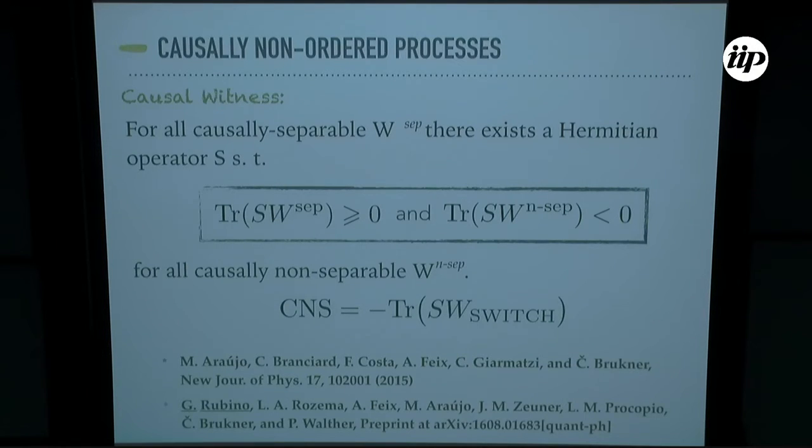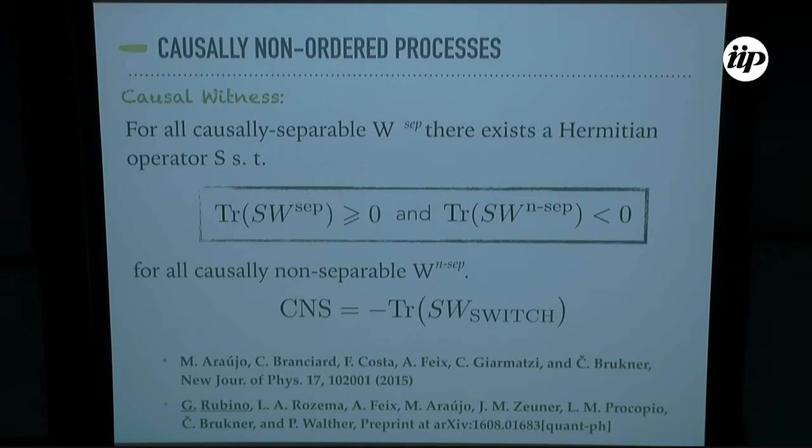So this causal witness is defined as a Hermitian operator S, such that if I take the trace of this Hermitian operator with the W of a causally separable process, I will get something which is bigger or equal to 0. And if it was causally non-separable, then it will be below 0.